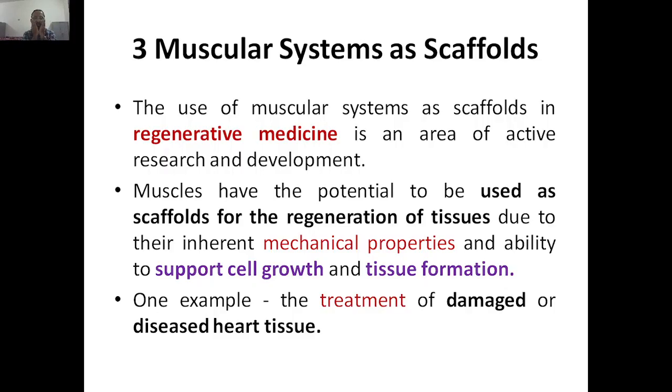So I am getting my proper face back, understanding. So this is a simple example I have given you. That means the use of the muscular system, the muscle systems, as scaffolds in regenerative medicine. Now you know what is regenerative medicine, an area of active research in R&D sectors.